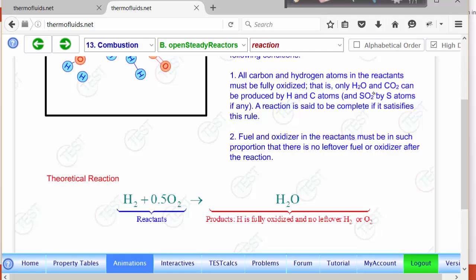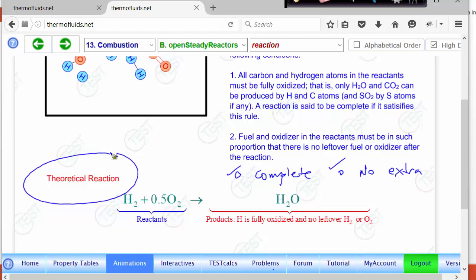So whenever a reaction is complete, that is hydrogen and carbon are fully oxidized, and the second condition is that there is no leftover fuel or oxygen at the end of the reaction, such a reaction is called theoretical reaction. So two conditions must be met. One is the reaction must be complete, and second is that no extra fuel or oxygen. And these two conditions make the reaction a theoretical reaction. So it's a very specific term to combustion.